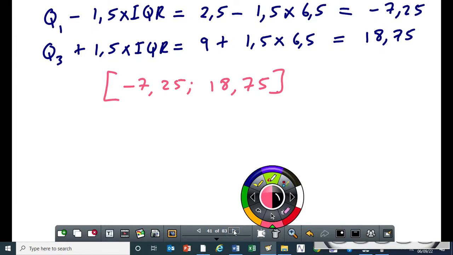So if you've got the calculator, you get your Q1, your Q3 quickly, determine your interquartile range, then find your lower limit and your upper limit, then go back to the data set, identify a value or values that are outside this interval, and then you are done. Okay, so finding outliers is a very simple thing.